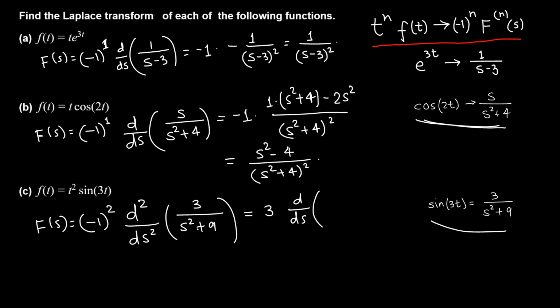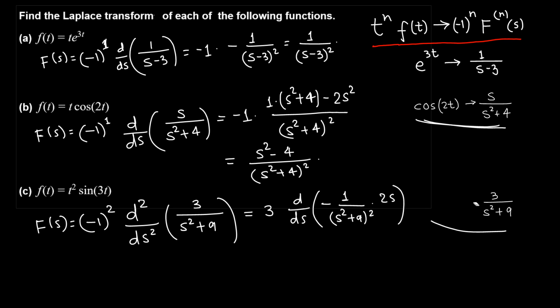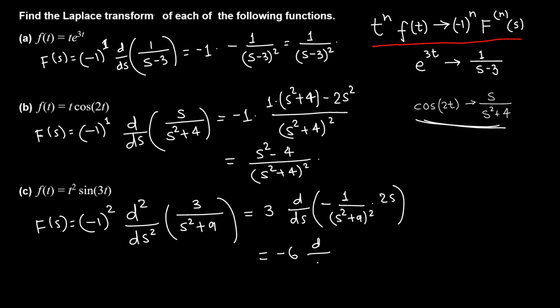The derivative of 1 over u is -1 over u squared, so s squared plus 9 quantity squared on the bottom, times the derivative of s squared plus 9, which is 2s, and that goes on the top. Okay, let's do one more time, and we can pull this -2 outside, that'd be -6, and the derivative with respect to s of s over s squared plus 9 quantity squared.